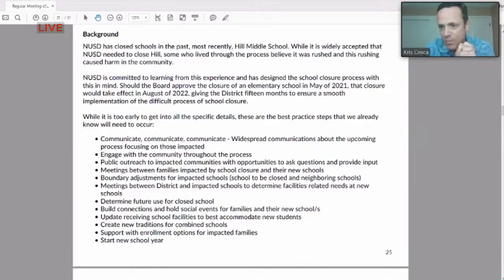So one of the positive outcomes of the pandemic is that we can use multiple methodologies to get in front of parents. Some are comfortable and able to get to meetings in person, some for whom this sort of meeting works better. But we're just committed to making sure that this hard decision is done as well as it can possibly be done. That's what we're trying to do here.